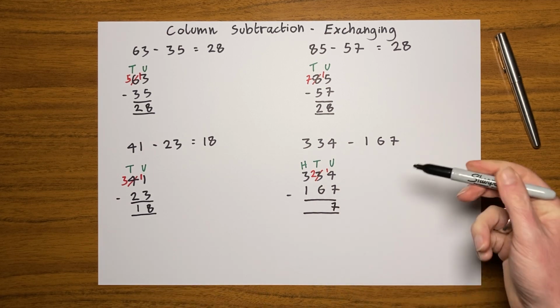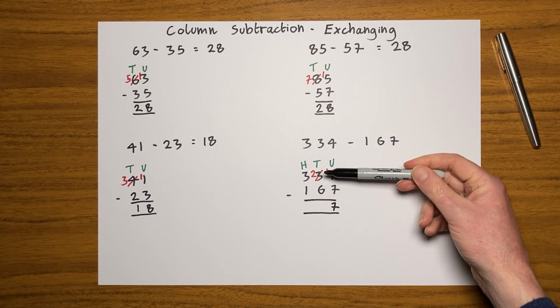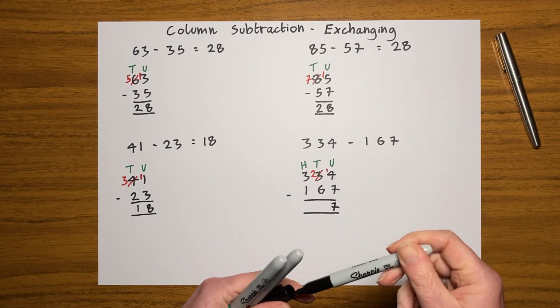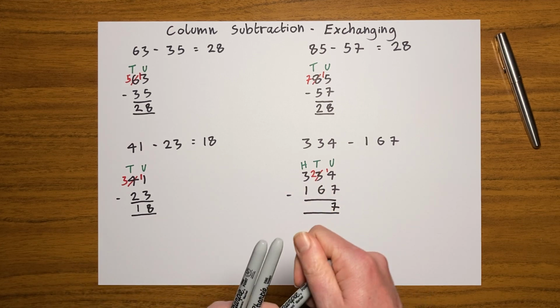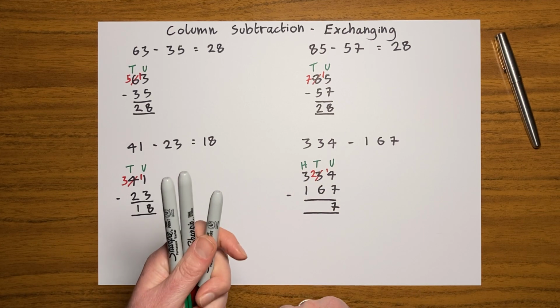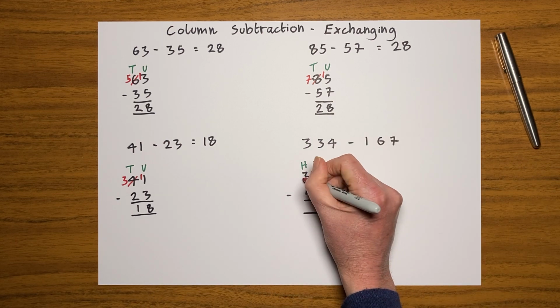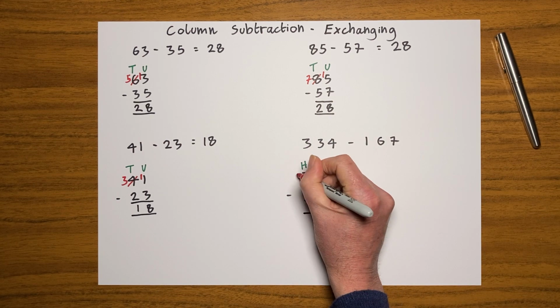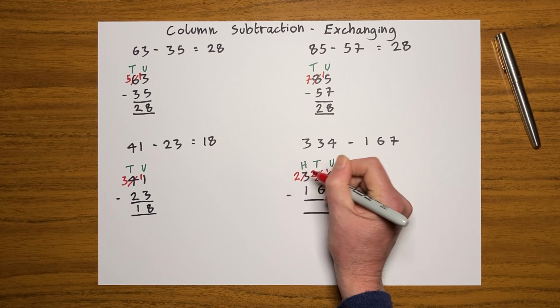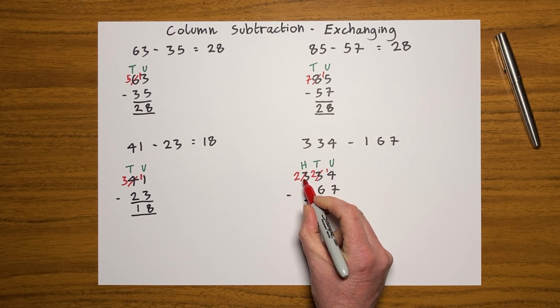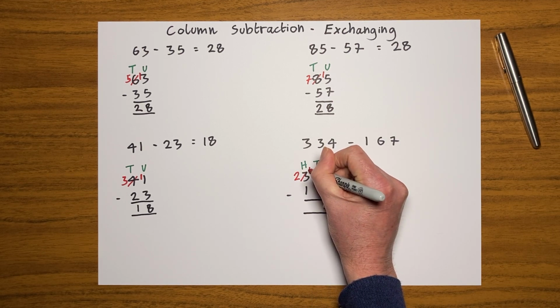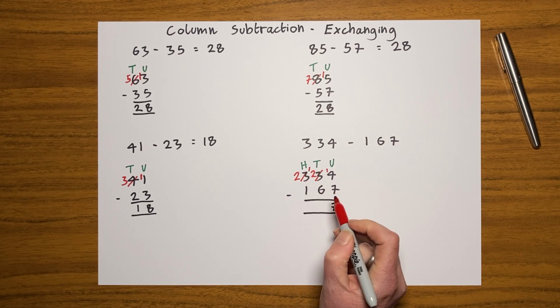And I move to the next column. But I've got the same problem again. I can't do 20 take away 60 because 60 is bigger than 20. So now I'm going to have to take 100 from this column. So I'll rub that out here and make that a 200. And 100 will come over here. So I now have 120.